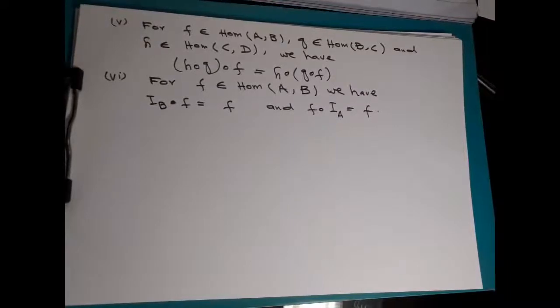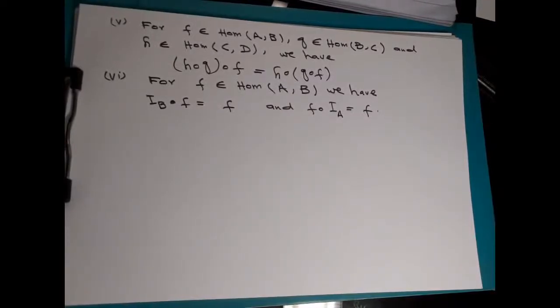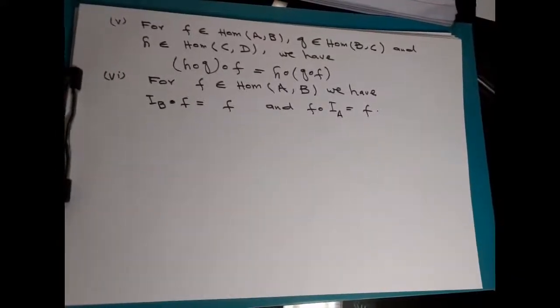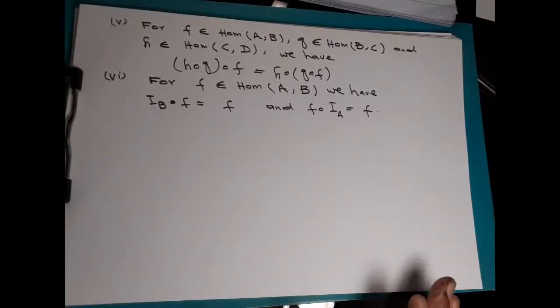So we have discussed the same concepts which we started with. We only introduced a notation, that is Hom(A, B), which means the set of all the functions with domain A and codomain B. And using this particular notation, we were able to say things comparatively more easily and in a more precise way.